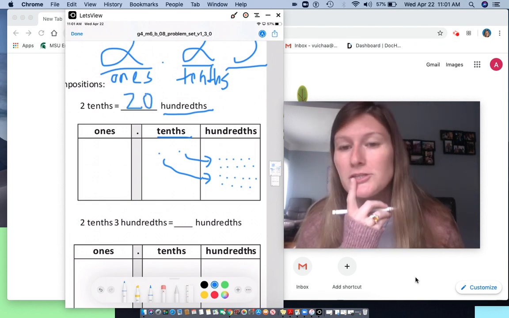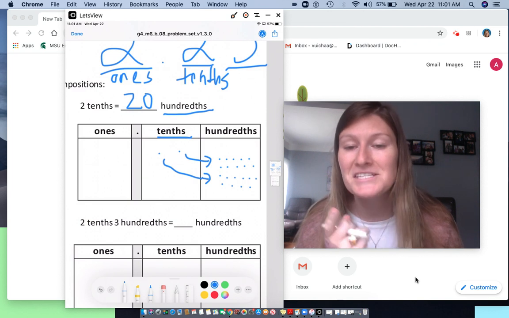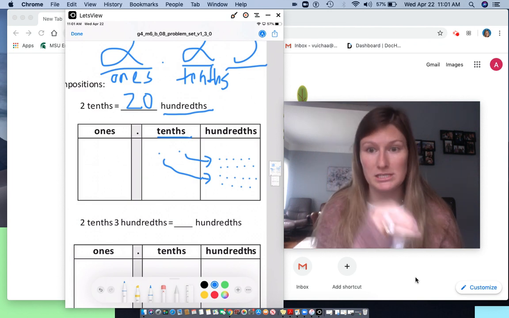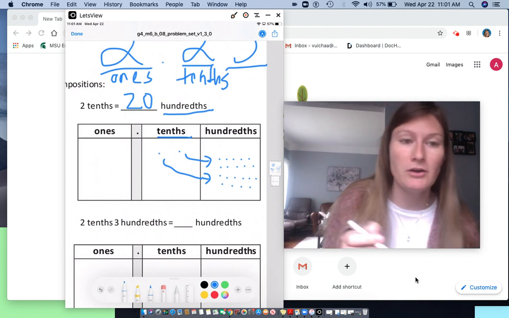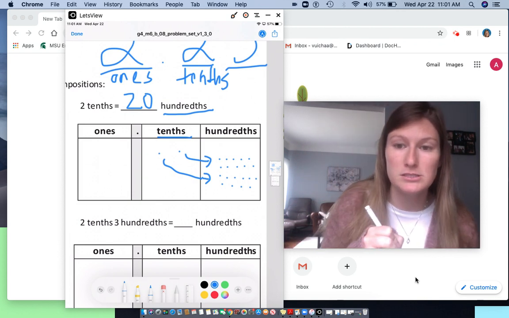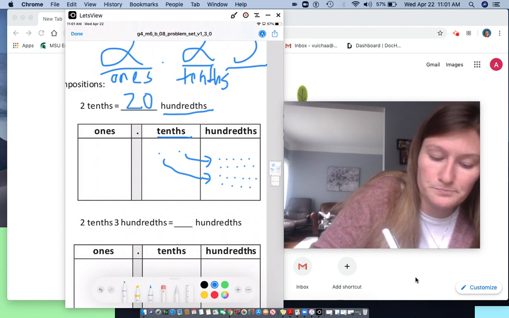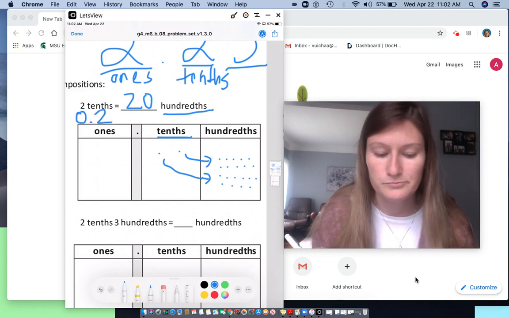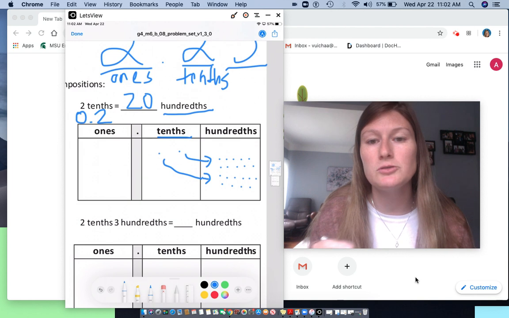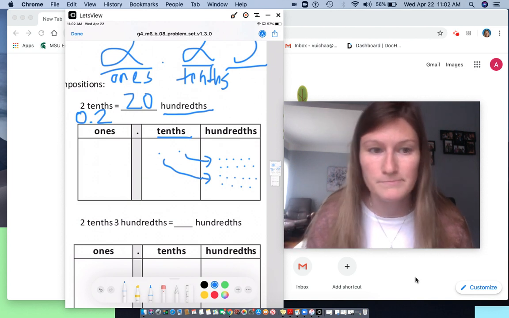Hopefully you counted 20 hundredths. Now let's write 2/10 as a decimal, because I want to show you in decimal form how 2/10 is 20 hundredths. How do you write 2/10 as a decimal? 0.2. How can I make that into 20 hundredths?